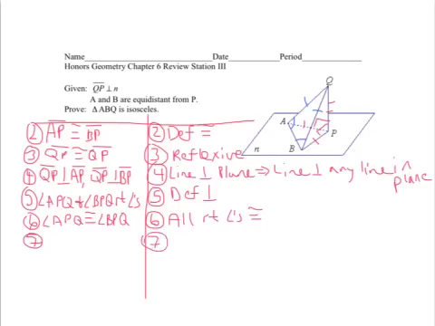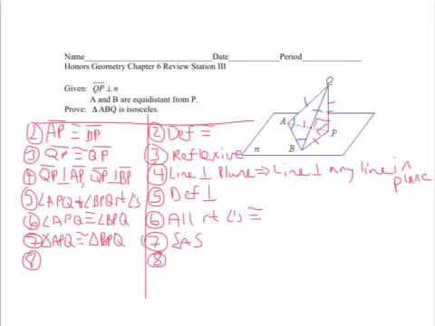So now what I have is a pair of sides congruent, a pair of angles congruent, a pair of sides congruent. I can do this by side, angle, side. So triangle APQ is congruent to triangle BPQ by side, angle, side. A couple more steps here.